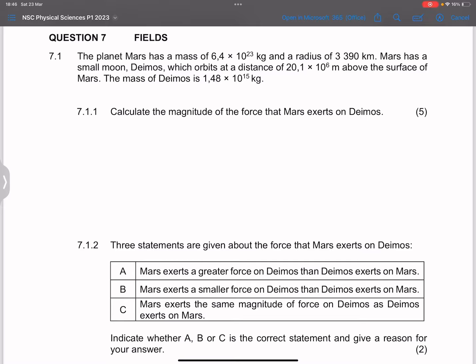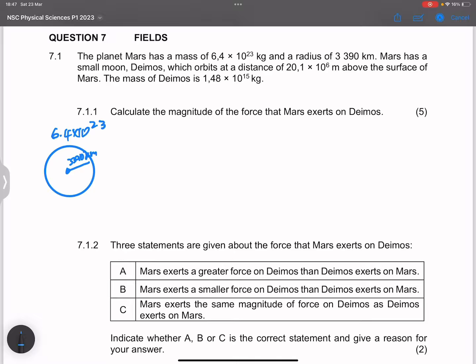If we were going to depict what this looks like, so if this was planet Mars, we know that the radius of Mars would be that 3,390 kilometers.